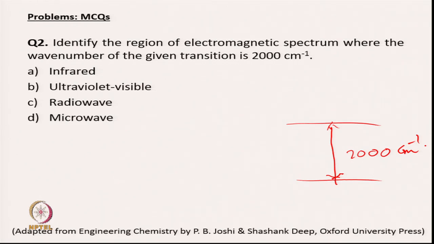You have to know this because the wavelength corresponding to 2000 centimeter inverse falls in the IR region, and so the answer is infrared region.